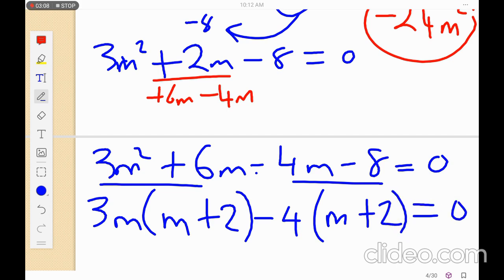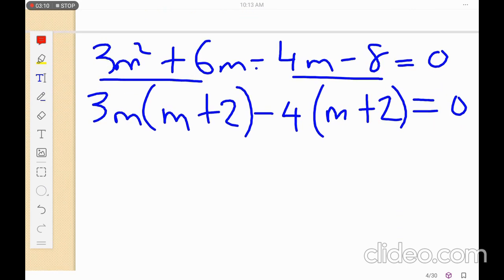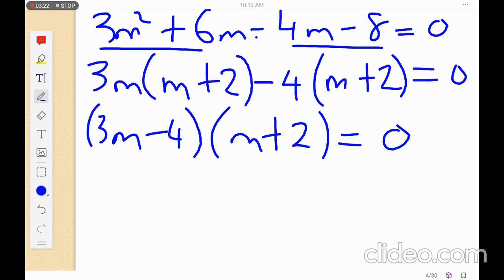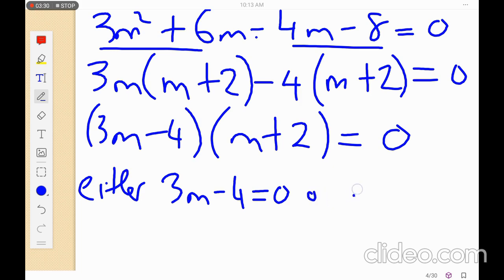So we have two common brackets, and I can say I have 3m minus 4 as a factor and m plus 2 as a factor is equal to 0. So when we reach this point, we can say either 3m minus 4 is equal to 0, or m plus 2 is equal to 0.